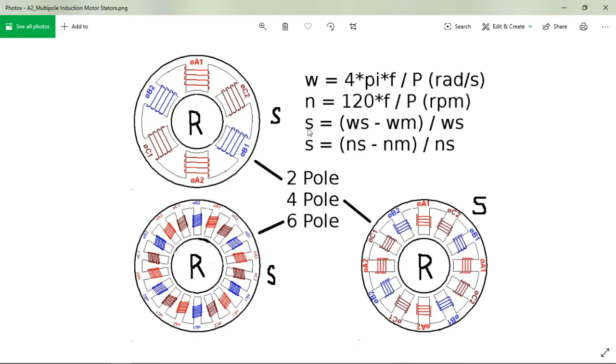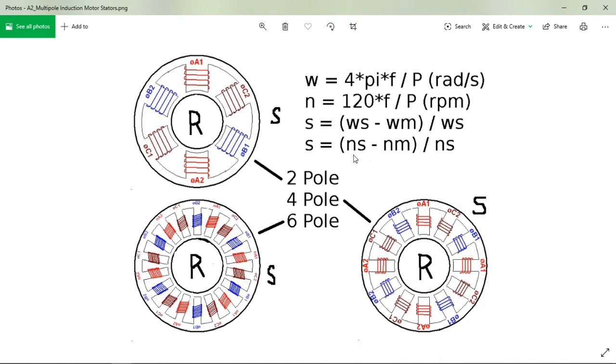Now we come to what's called the slip. By slip we mean we're accounting for the difference between the rotor speed, or the mechanical shaft speed, and the magnetic field that's rotating here. Remember, the rotor is trying to catch up to it, but it's slipping. It's never catching up with it. So the slip is defined by the synchronous speed minus the actual speed of the shaft, the motor speed, divided by the synchronous speed.